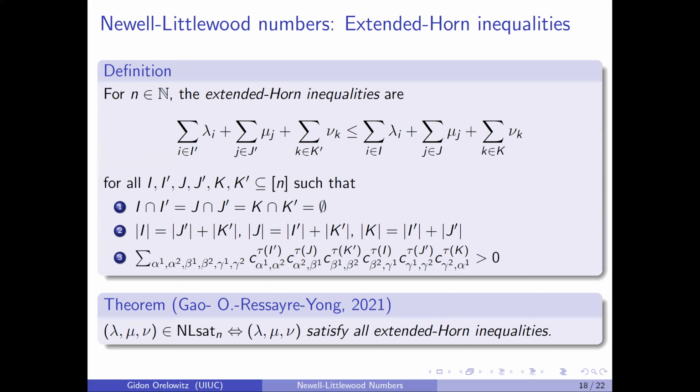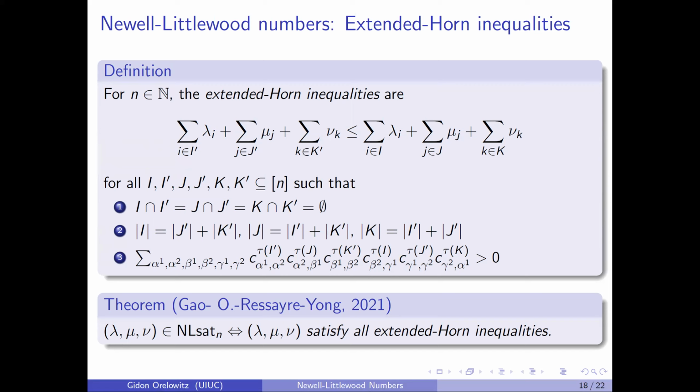And here, once again, we have three conditions. The first condition is just saying you don't want the same part of lambda to be on both sides of the inequality. You don't want to add the same thing to both sides of the inequality. The second condition is just a size constraint.